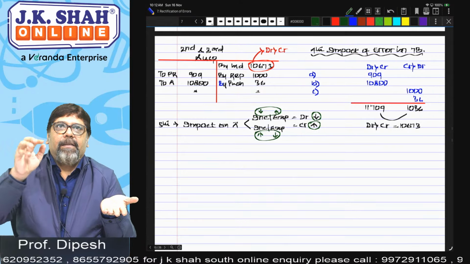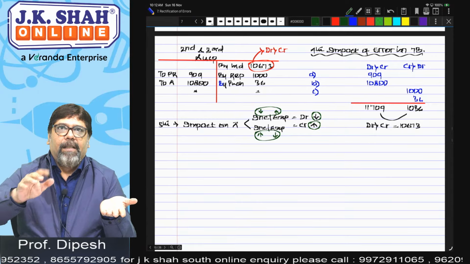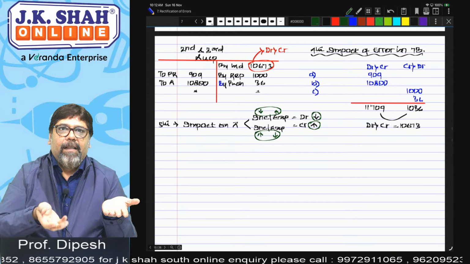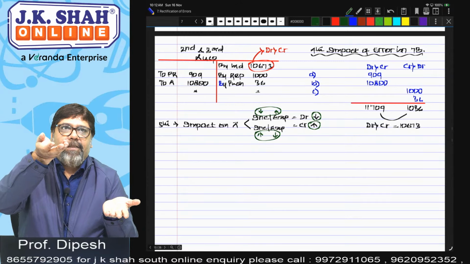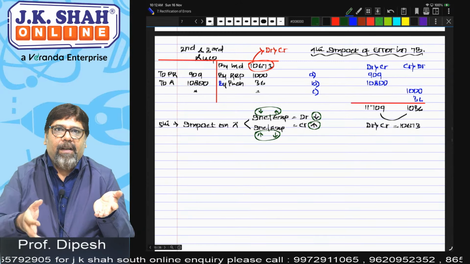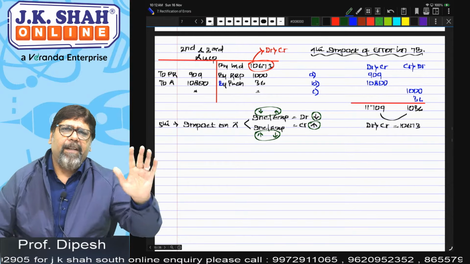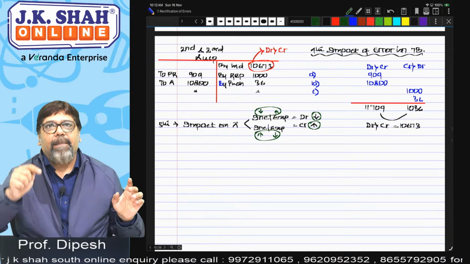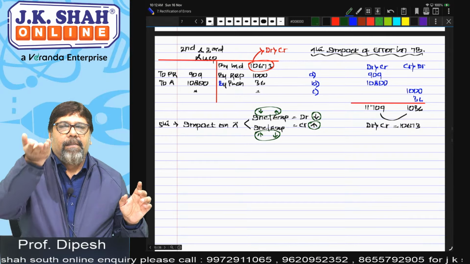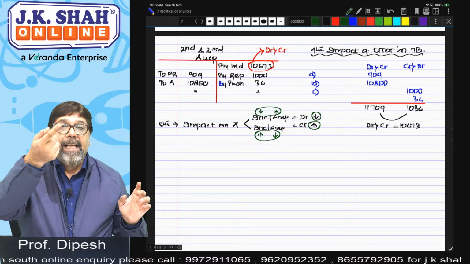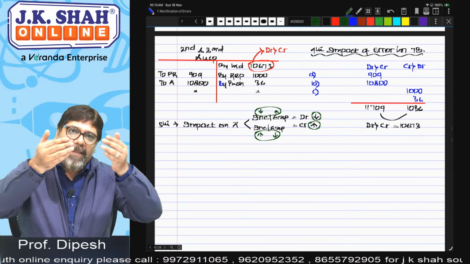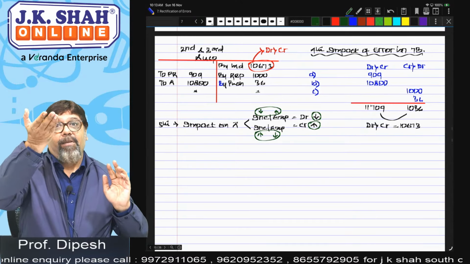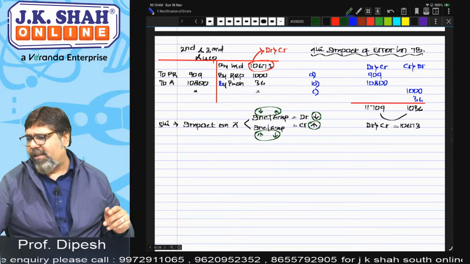Income debit, reduction in income. Expense debit, expense goes up. Whether income comes down or expense goes up, profit will reduce only. Correct. And vice versa on credit. Income credit, profit will go up. Expense credit, that means expense is reducing, profit will again go up. Yes or no? Yes, sir.